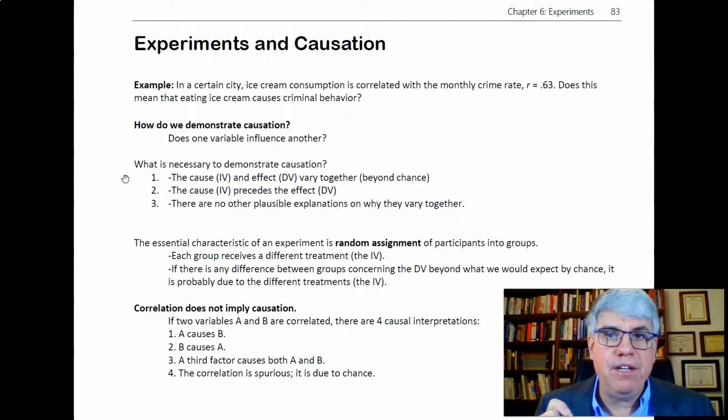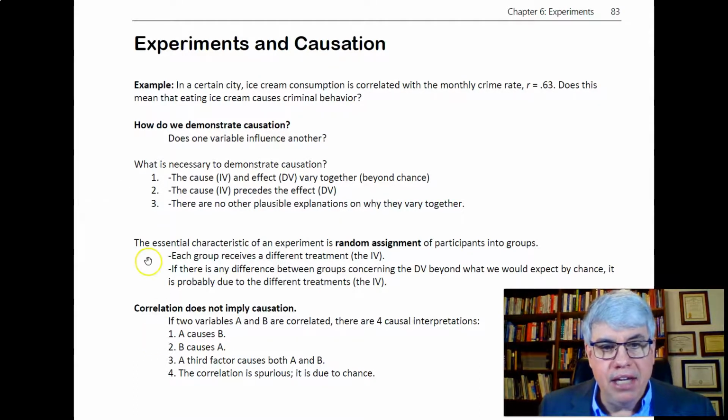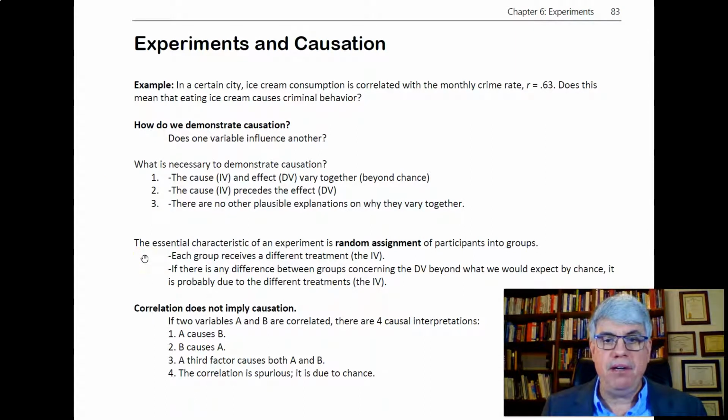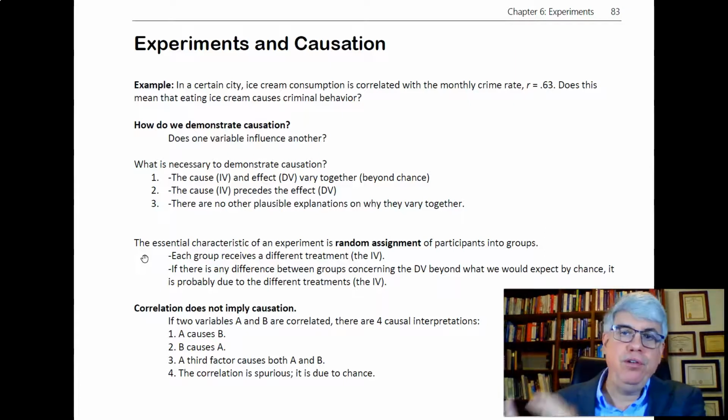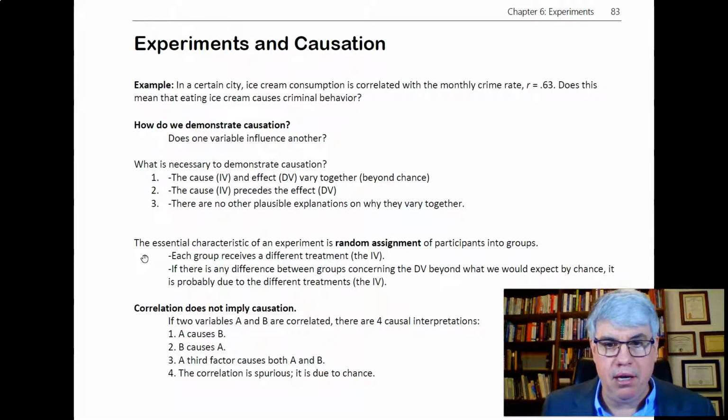But the key feature of an experiment is that people are randomly assigned to two groups, and each group receives a different treatment of the independent variable. Here it would be no ice cream versus ice cream. You could do 1 scoop of ice cream per day or 2 scoops of ice cream per day. That's called the manipulation of the independent variable, or the treatment that each group receives.